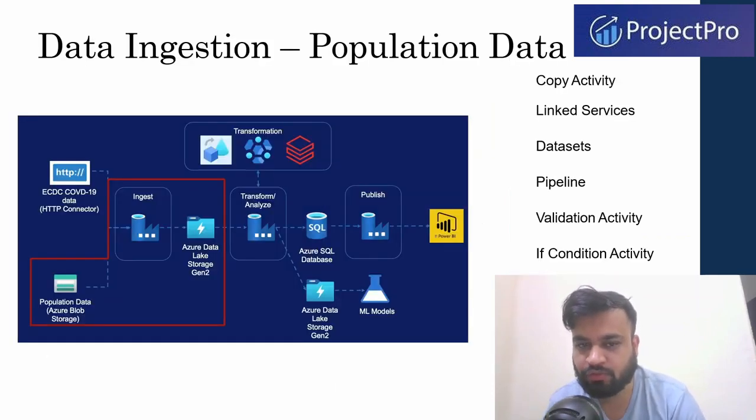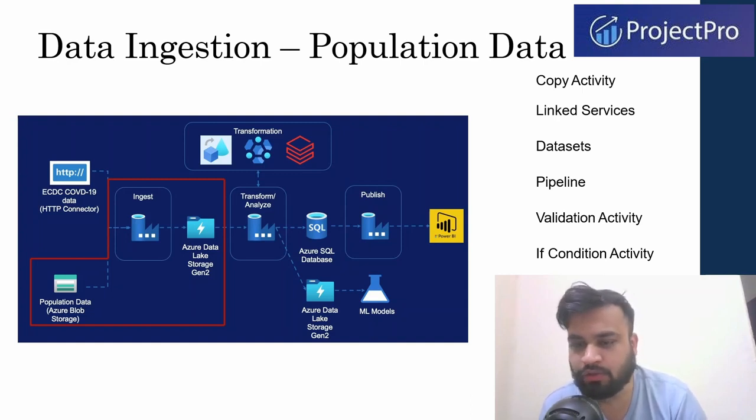We are also going to talk about the copy activity, which we will use in Azure Data Factory to copy the data from Azure Blob storage to the Data Lake Storage Gen 2 account. We are also going to introduce linked services as well as datasets for our pipeline, and we are going to build the Azure Data Factory pipeline using these tools.